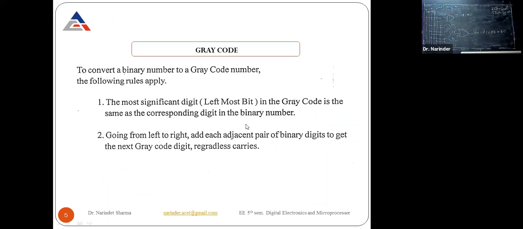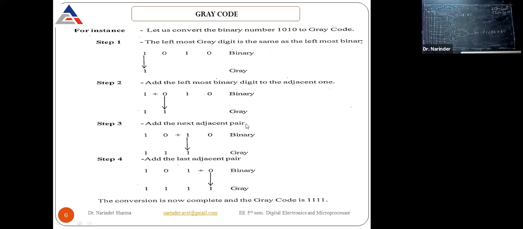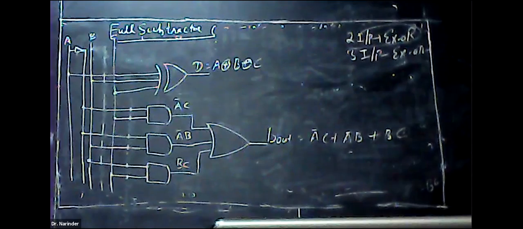Gray code. Gray code is also known as cyclic code. How can we convert a binary number to gray code? There is a way to solve it.